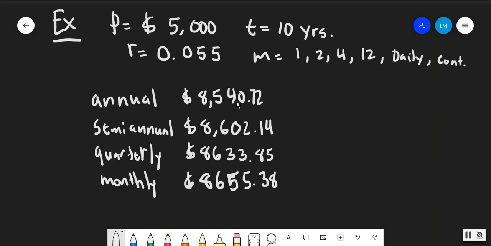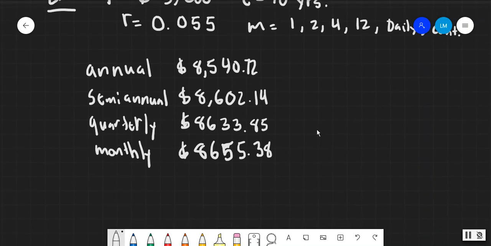It's about $62 overall, but if you look at the increments, it's not really increasing by that much. In fact, over here it's increased by $22.